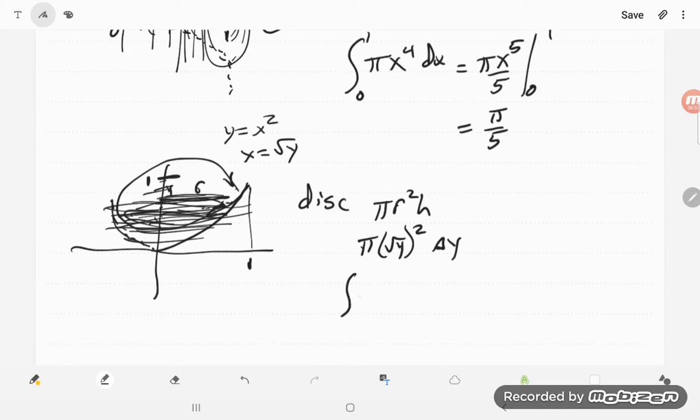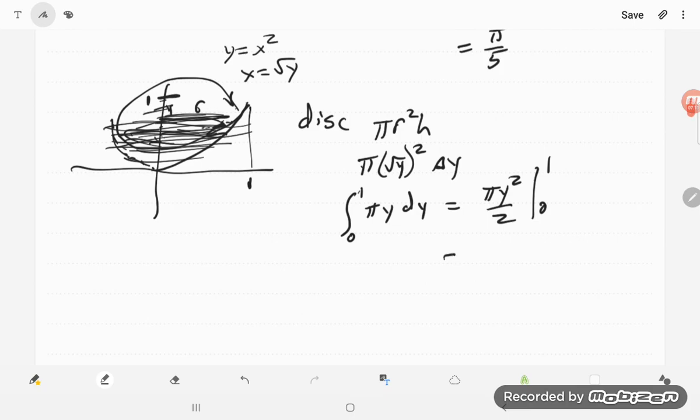And so that means we will want the integral from 0 to 1 of pi y dy, and that gives us pi y squared over 2, and that's from 0 to 1. And so we get, in this case, pi over 2.